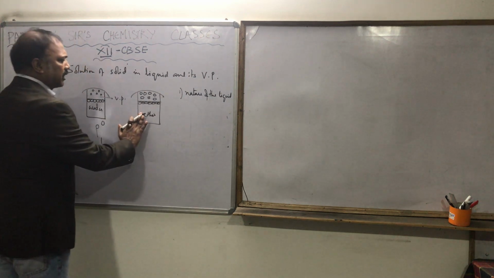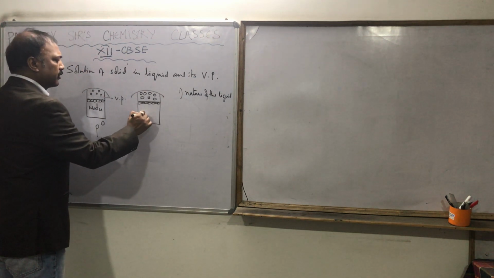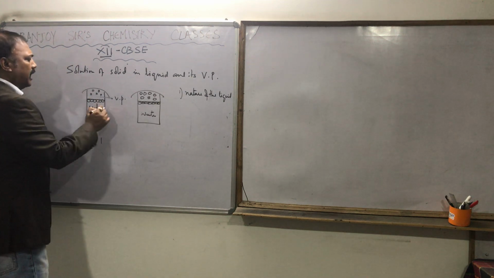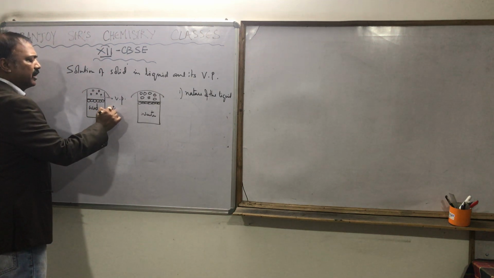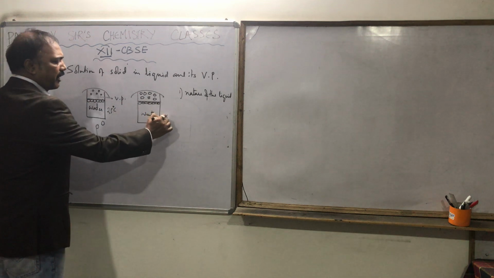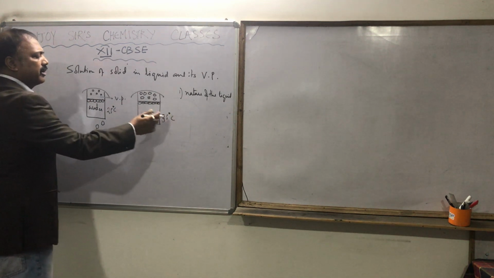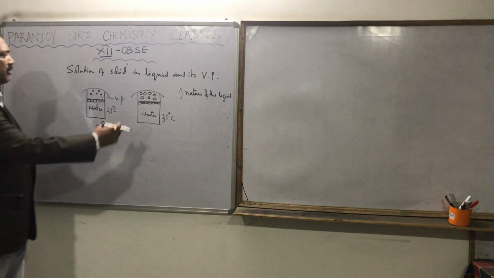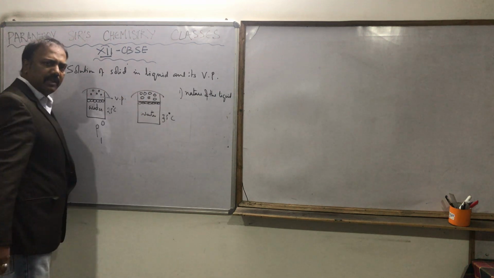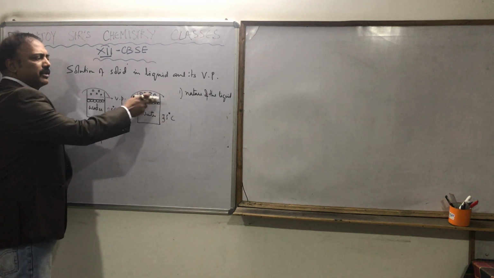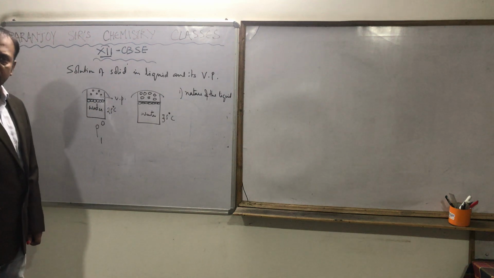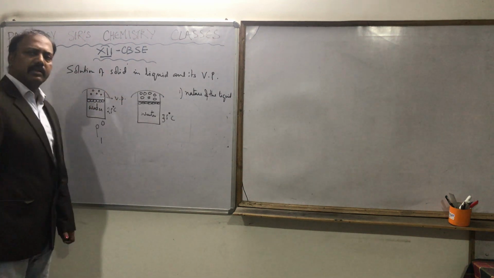Now, let us take water only. This is also water, this is also water. Suppose we have taken this at 25 degrees Celsius and we increase the temperature to 35 degrees Celsius. When you increase the temperature to 35 degrees Celsius, obviously more evaporation will take place. More evaporation means the vapor pressure will increase. So does the vapor pressure depend on temperature also?